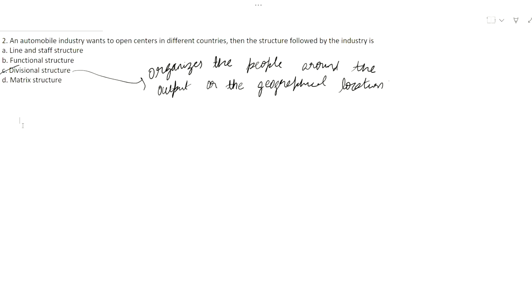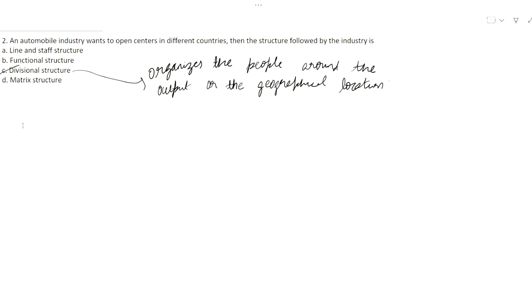Then we moved on to the different types of division structures: functional structure, divisional structure, matrix structure, line and staff structure. There is a question on an automobile industry that wants to open centers in different countries.